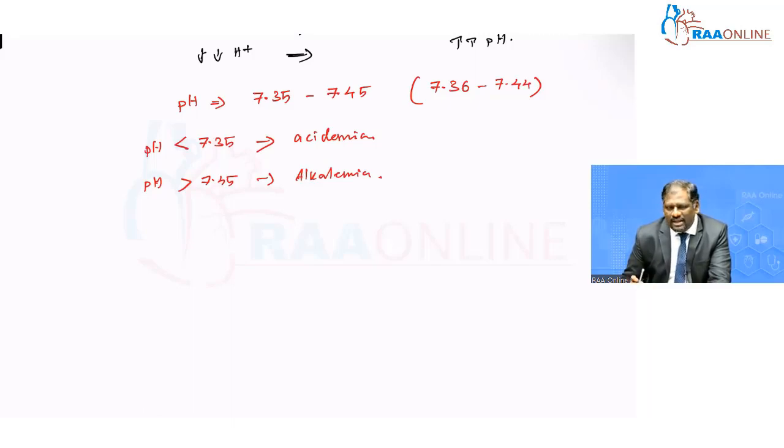If there is a slight change in the pH, if it moves into the acidemia range or alkalemia range, the majority of your proteins and enzymes are not going to function at all. That's why that range is called the physiological pH range. If it is more or less, it is going to be dangerous.